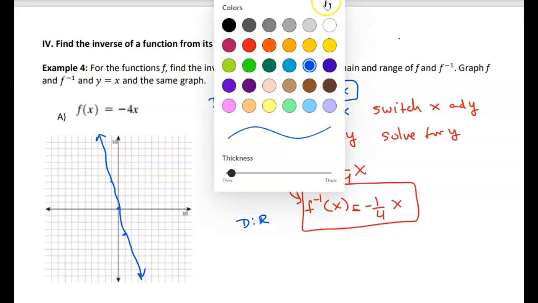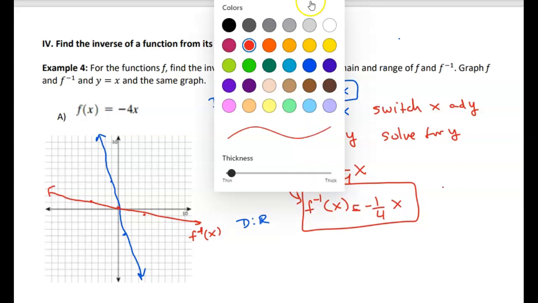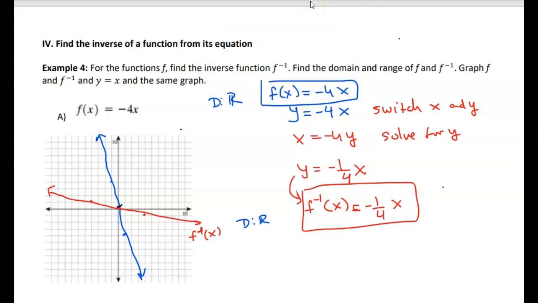The inverse is negative 1/4 x, same intercept, but it's going down 1 and 4 to the right, or up 1 and 4 to the left. So this is the inverse graph. And if I draw the line of symmetry, y equals x, we get this.